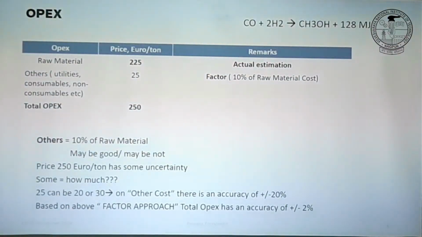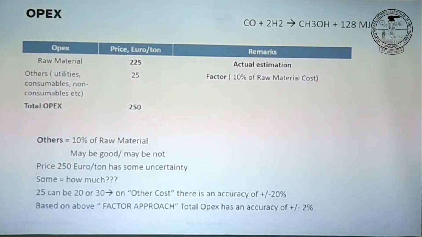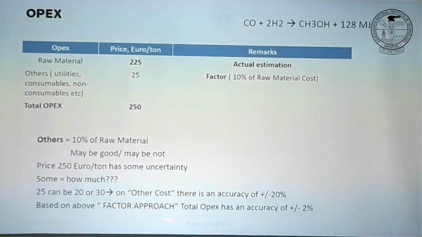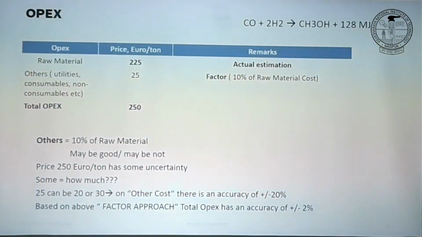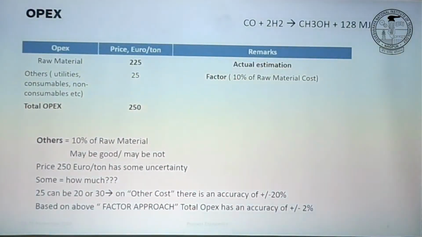So the 2 examples we saw: one was power production using natural gas, where the natural gas raw material cost was the major cost, but with solar PV you do not have any raw material, so the only cost was your electricity, your utility. So this 10% can be 2 or 3% for some plants or processes, and it can be 95-99%. So you need to know which process you are estimating, and what suitable factor you need to apply, right?